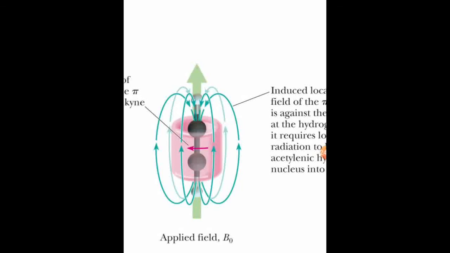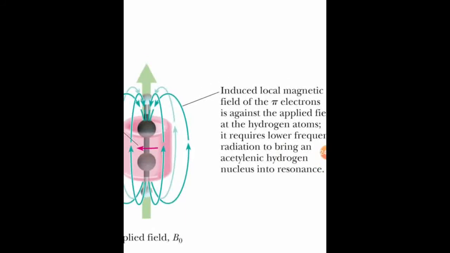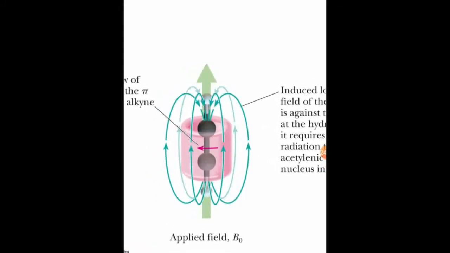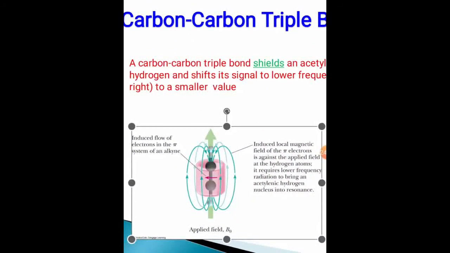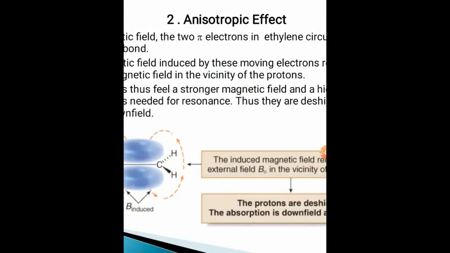So, their chemical shift values are different. Because the vinylic proton is present in the de-shielded zone, it comes into resonance more readily with the applied field.